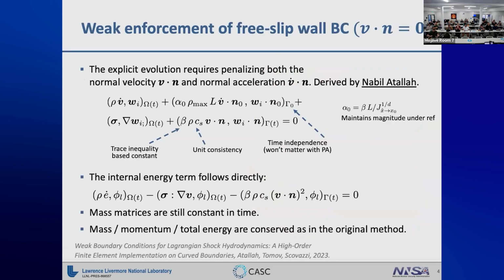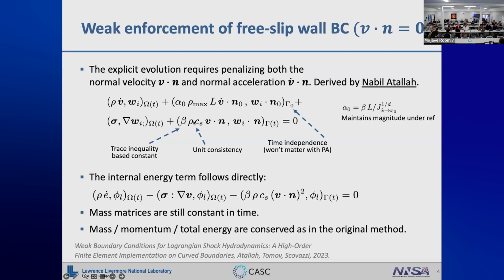It was a weak enforcement. So there are two new terms, one controlling the normal velocity, v·n = 0, and the other one controlling the normal acceleration going into the mass matrix. This was derived by Nabil. He was a postdoc here. He spent a lot of time on this. And there are many tricks here, correct units. There is this trace inequality that enters into the formulation.